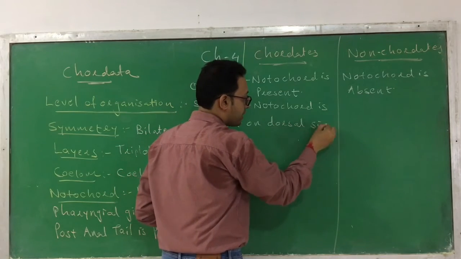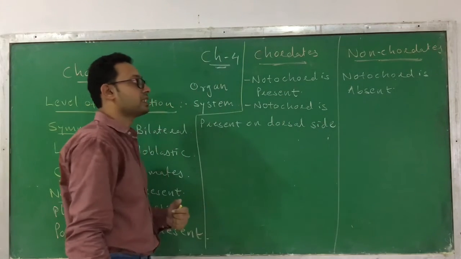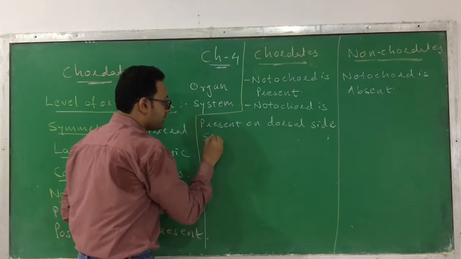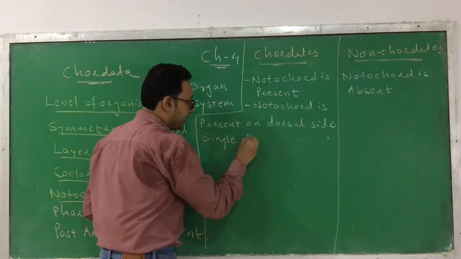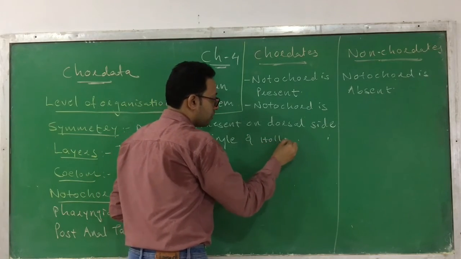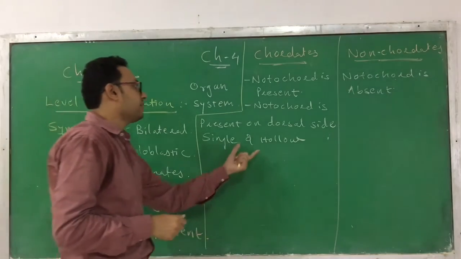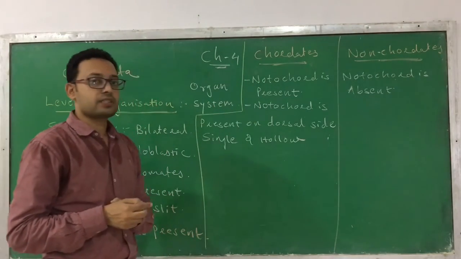On which side is it present? It's present on the dorsal side. And what is the characteristic of this notochord? It is single and hollow. Such a characteristic you can find in a chordate.